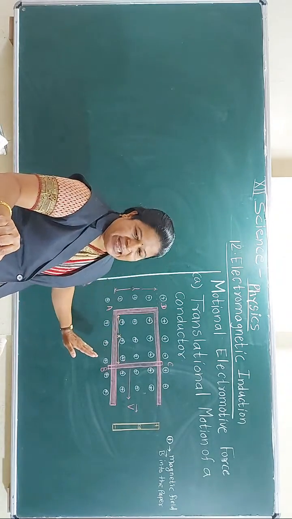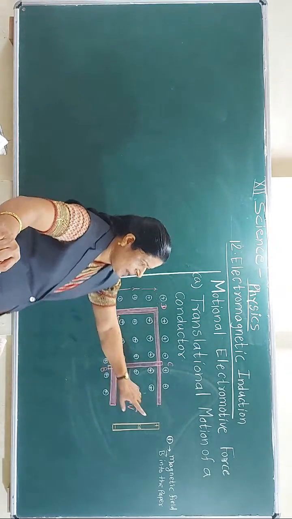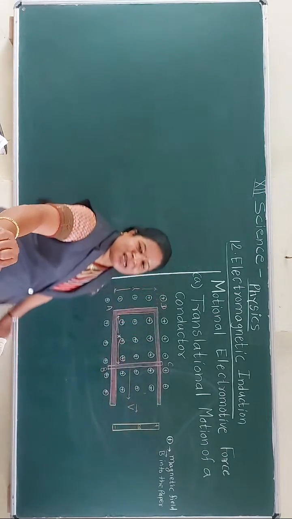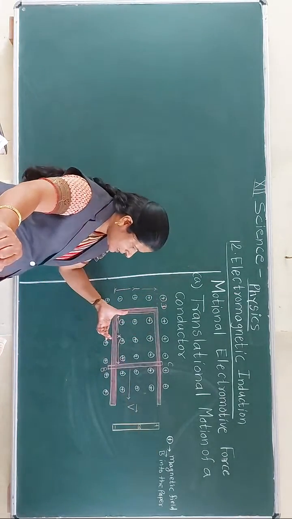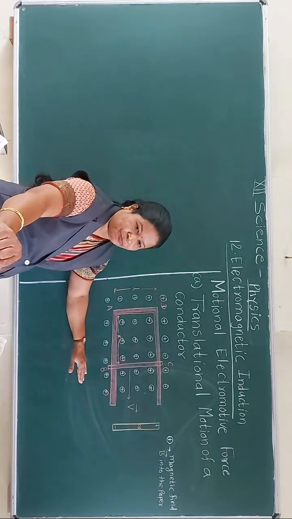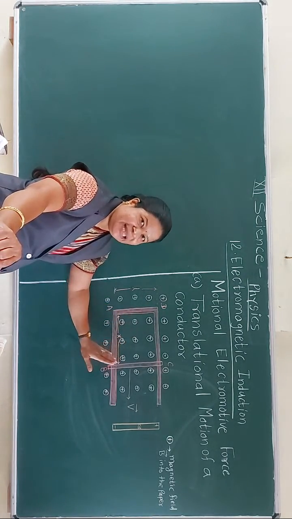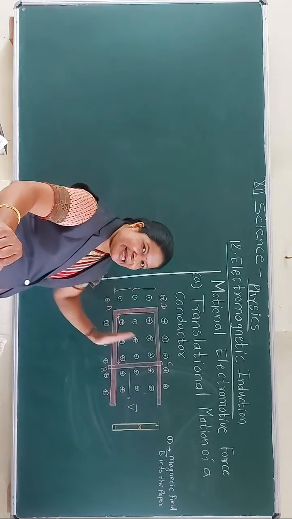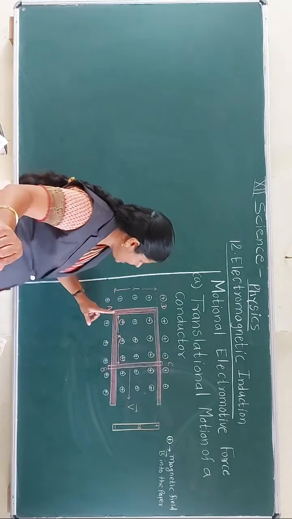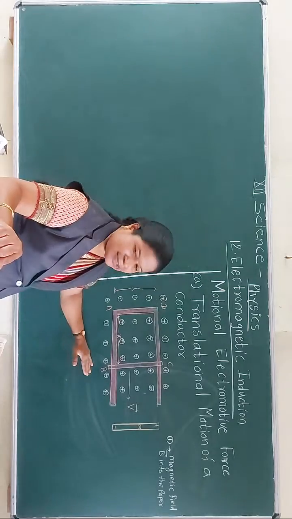As the area increases, the flux of magnetic field B through this loop also increases with time. As this length increases, the area of the loop also increases, and the magnetic flux of this loop A, B, C, D also increases.